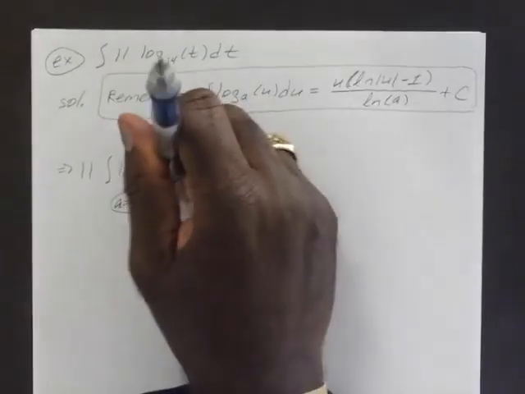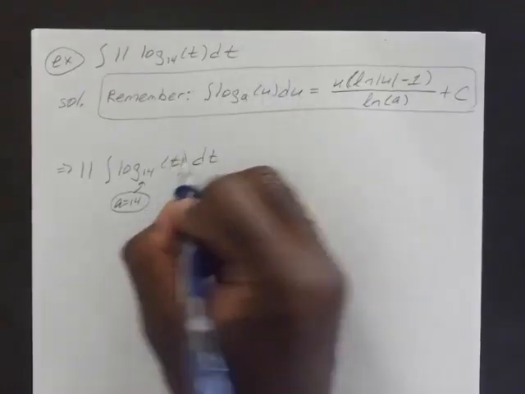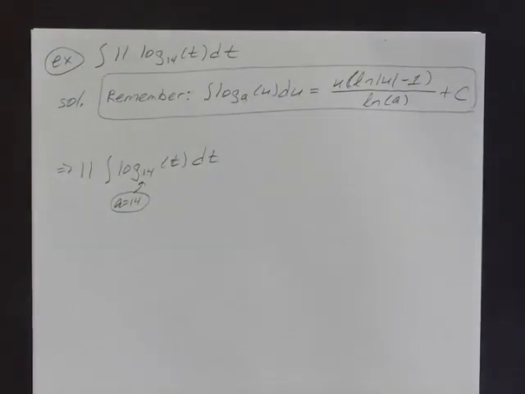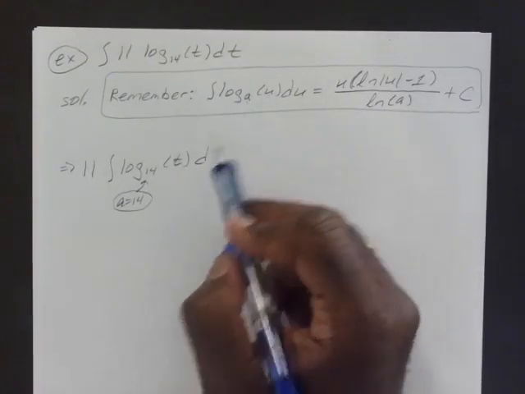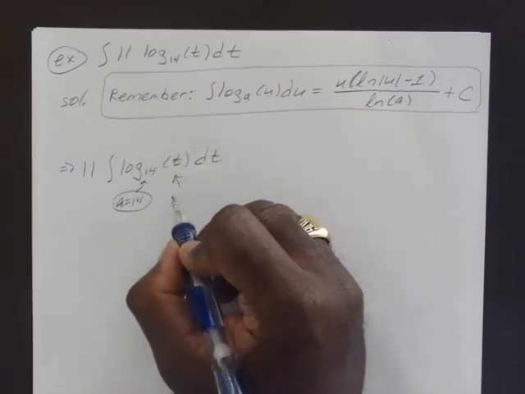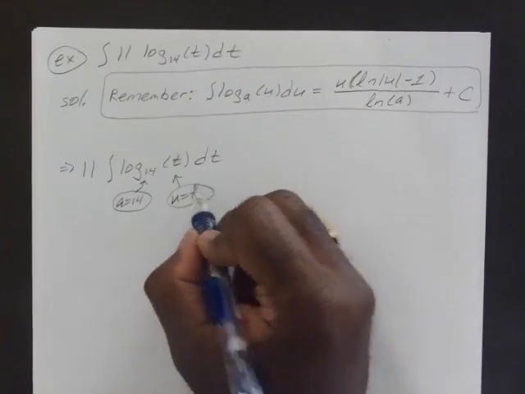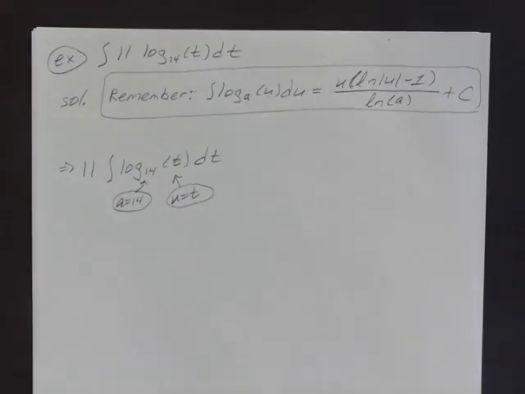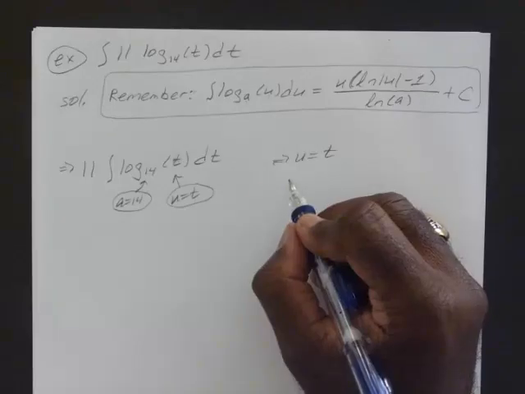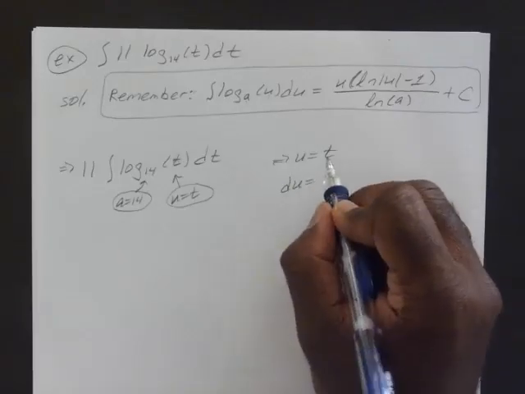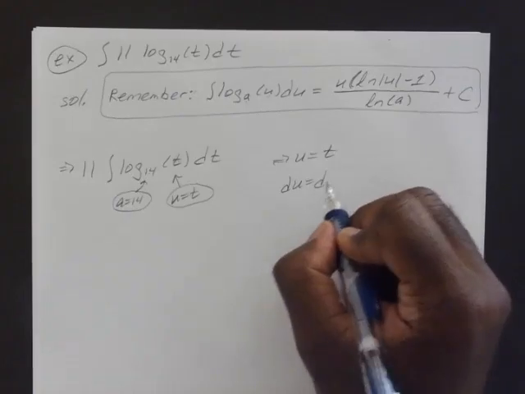I think I had 14 on the brain and just put 4 there for some odd reason. And if we match this up again, we can see that u is equal to t. So that means if u is equal to t, then our derivative of u is equal to 1 dt, or just dt.